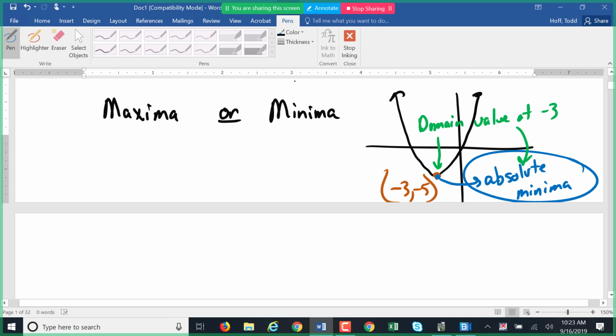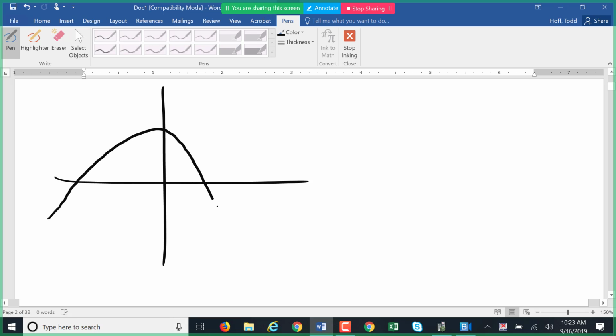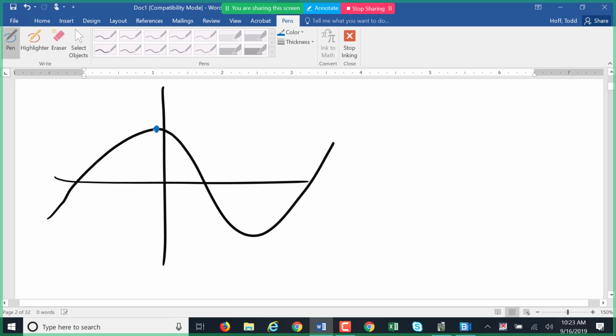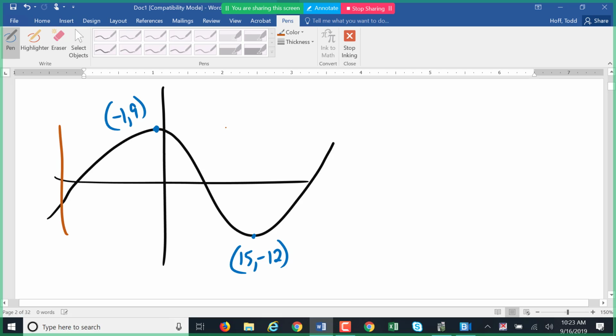But it could be a relative or sometimes called a local maximum or minimum. Again, looking at a graph, it looks something like this. Let's say that that point is -1, 9. And let's do this point here. We'll call it 15, -12. Over this range, in fact, I could expand that a little bit. I can go all the way out to here.